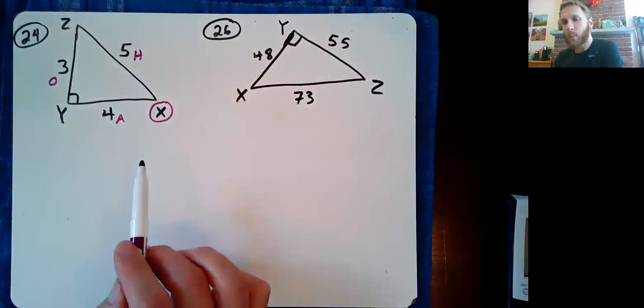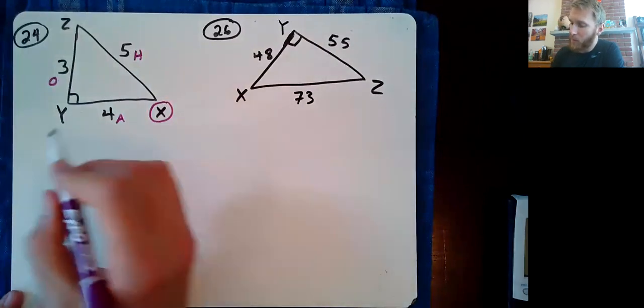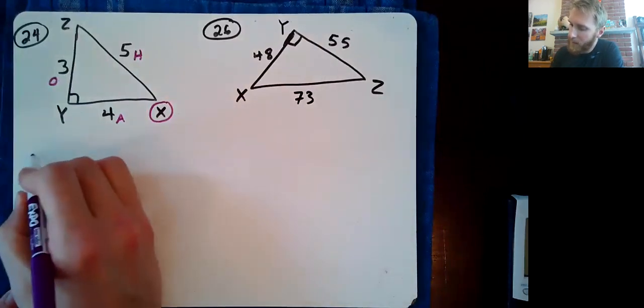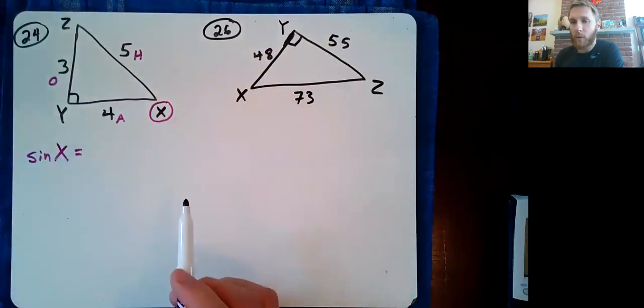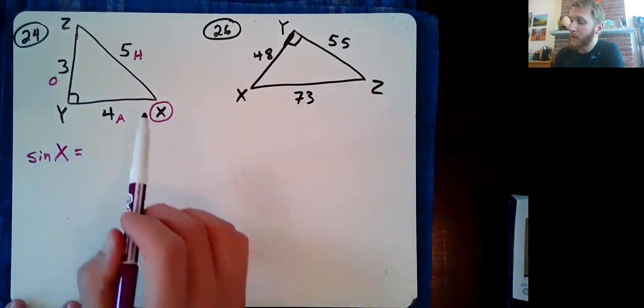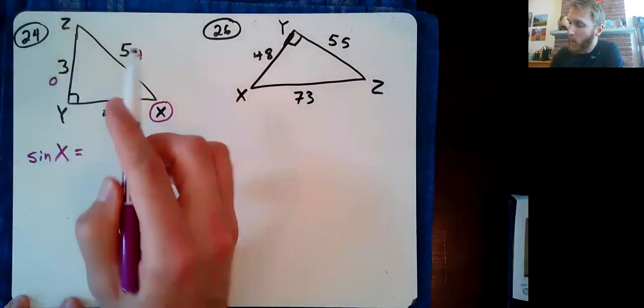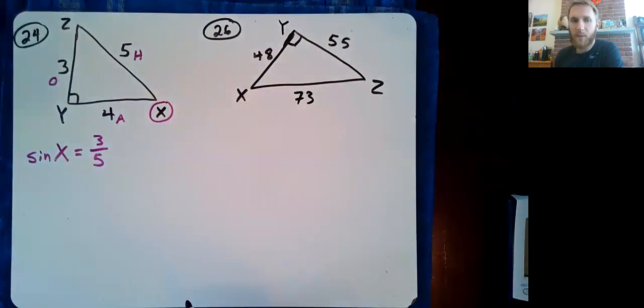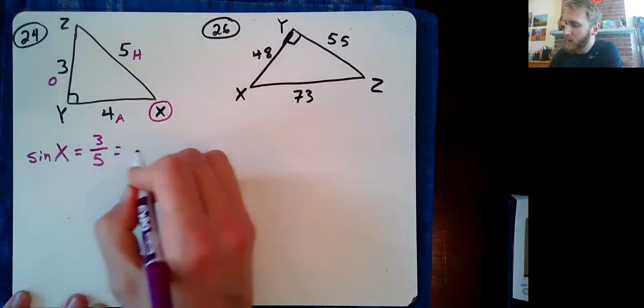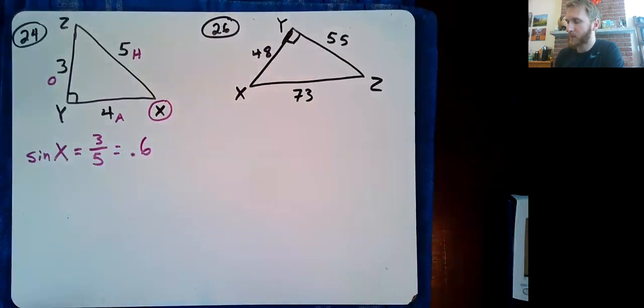Once you have that all labeled, now you can figure out what sine and cosine and tangent, if I wanted, of that is. So sine of x is equal to, from my mnemonic SOHCAHTOA, opposite over hypotenuse, so 3/5. And that's what sine of x is equal to in this case, which is 0.6.